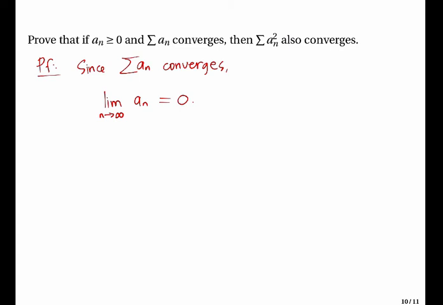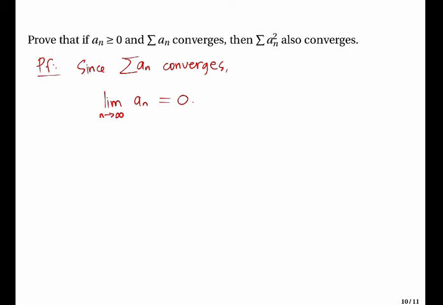Okay? Now, if the limit of a n as n approaches infinity is equal to 0, okay? At some point, starting from some positive integer k, the terms will be less than 1/2. Actually, what we need is just that the terms will be less than 1.